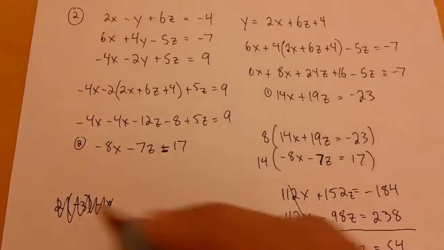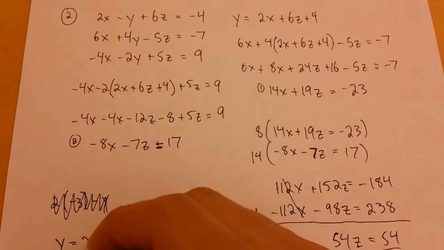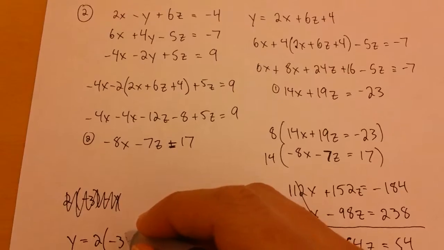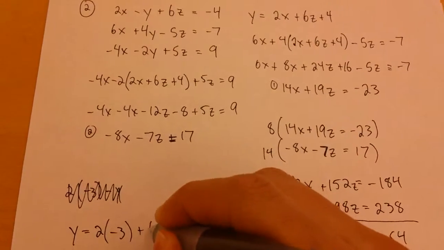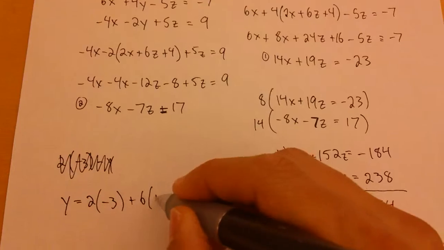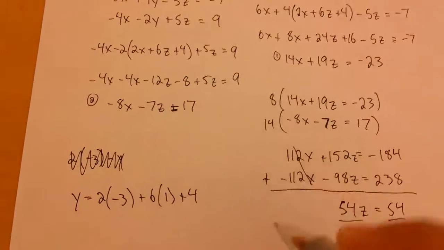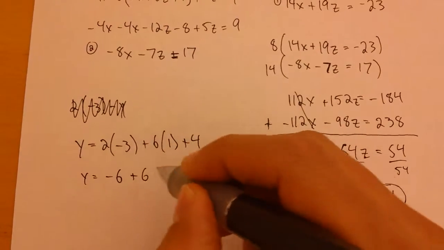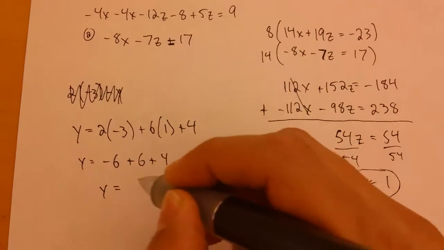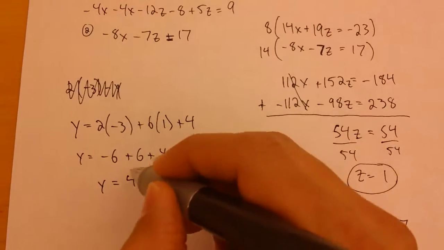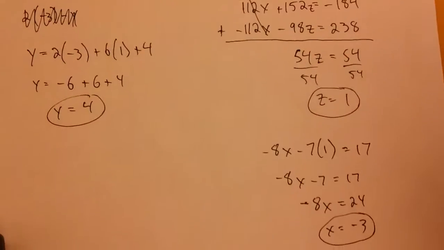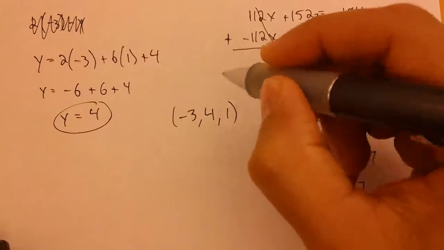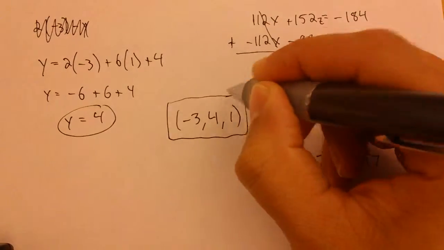Make my life easier. y equals 2 times, what was it, negative 3, plus 6 times z, which was 1, plus 4. So y equals negative 6 plus 4, which gives us a y value of 4. So as an ordered triple, I'm going to have negative 3, 4, 1. That is the solution to the system.